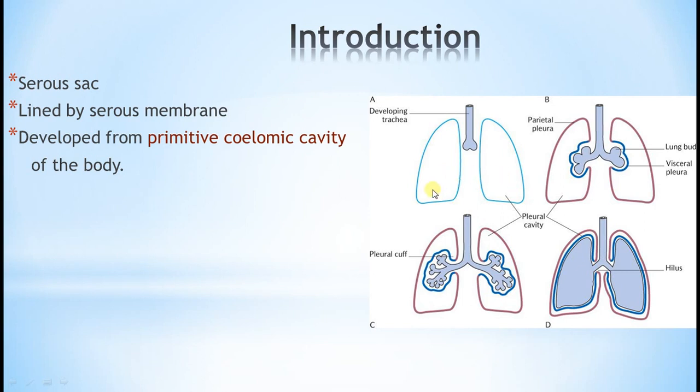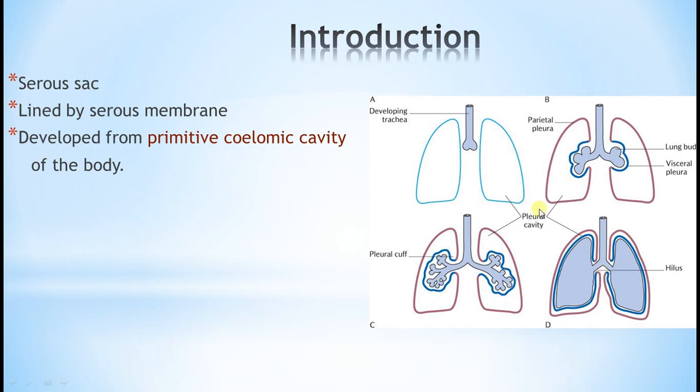Large two serous sacs you are able to see. Slowly what happens is the lung is occupying the space, and thereby this large space which you see here is reduced a bit, now it is reduced a bit more, and ultimately when the lung completely develops, what was initially a large serous sac has been reduced to a potential space.